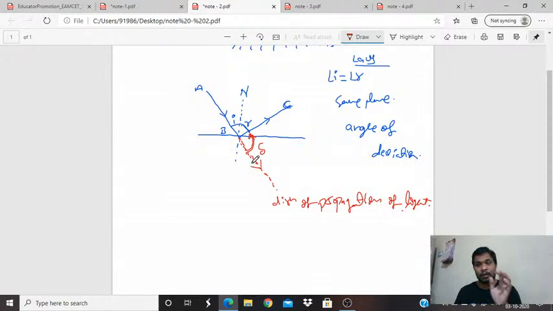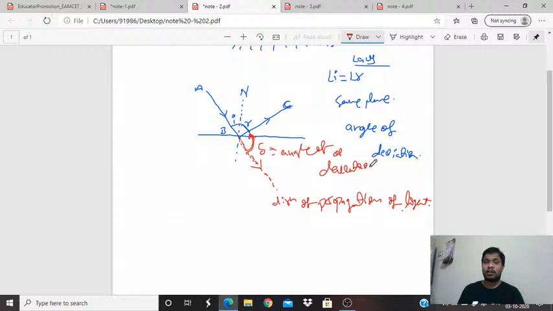This is the angle of deviation. Got it, everyone? Without going in the same direction, it is deviated. Actually it has to move like this, but it just turned this much. How much it is deviated is called the angle of deviation.